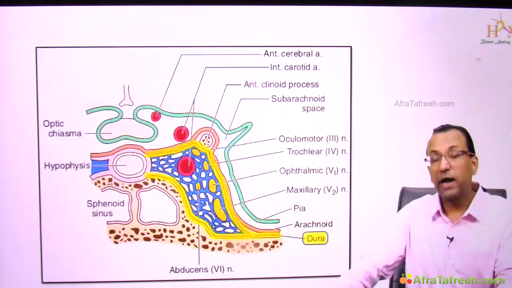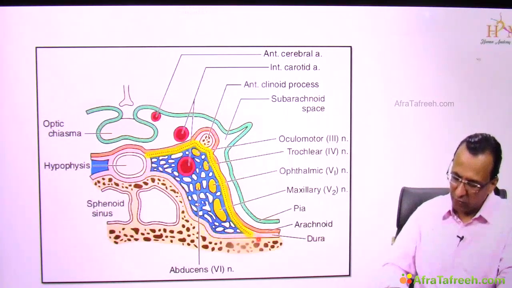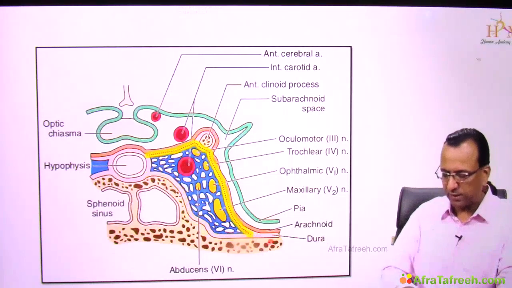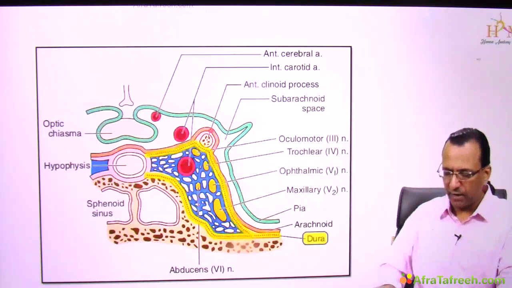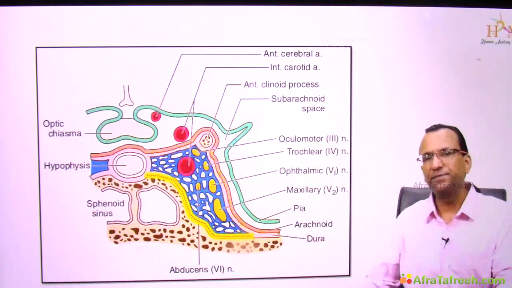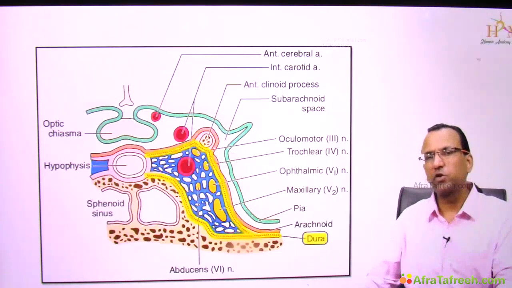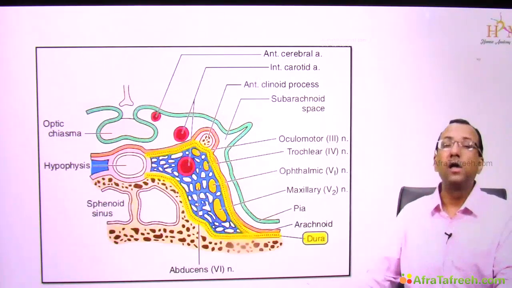Your answer is intradural, between the two layers of dura mater. The layer following the bone towards the skull is called the endosteal layer of dura mater. The one following the brain meninges is called the meningeal layer. These two layers split to enclose the dural venous sinus, here the cavernous sinus. Everything we have discussed is intradural.